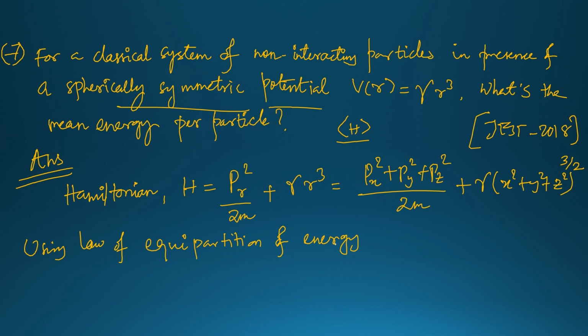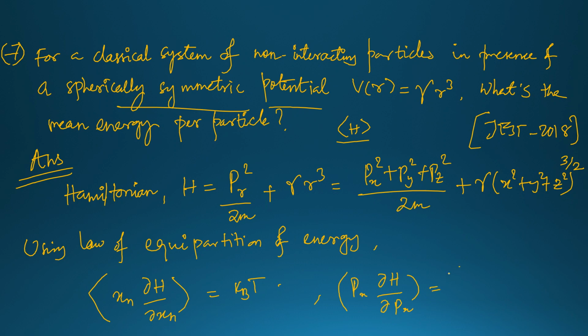The law of equipartition of energy says the average of xn del H by del xn is equal to kBT. Also, px del H by del px is equal to px squared by m, which is equal to kBT.